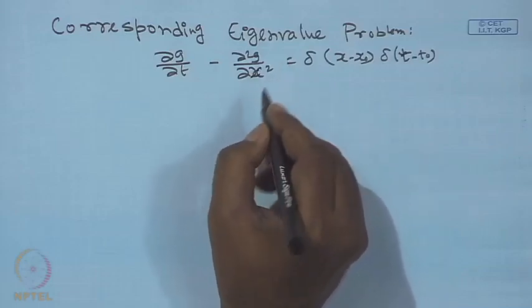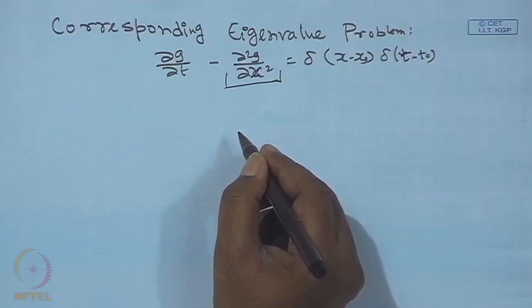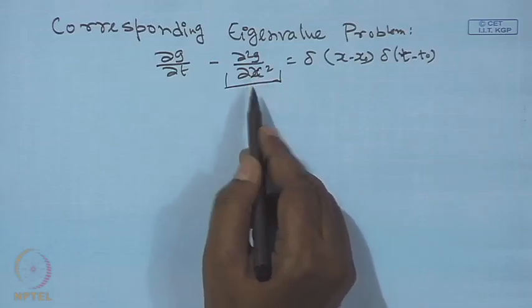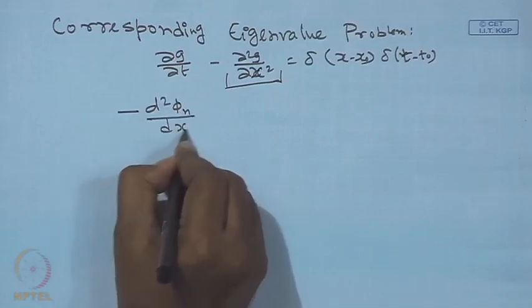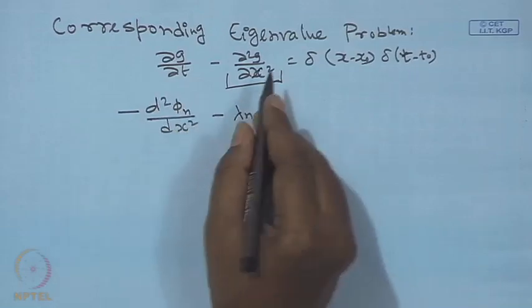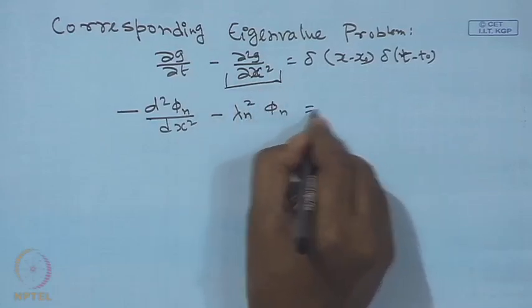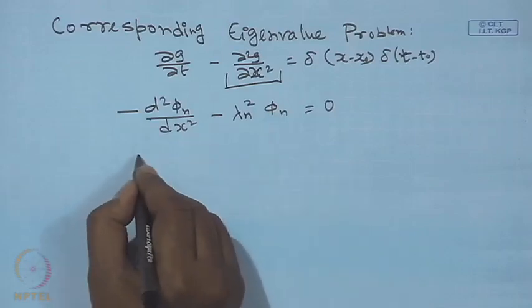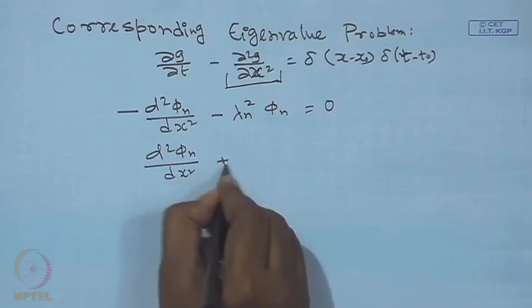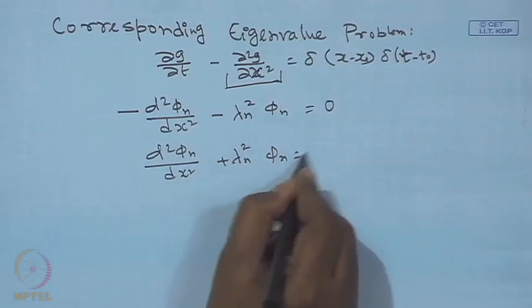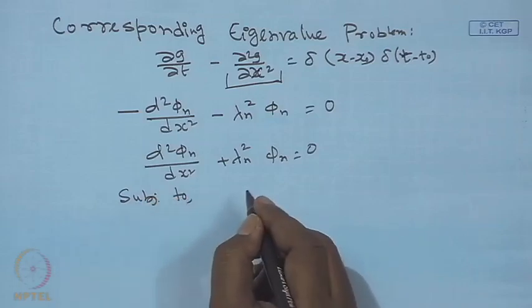The space boundary conditions are two homogeneous conditions. So, the corresponding eigenvalue problem is minus d square phi_n dx square minus lambda_n square phi_n equal to 0, that is, d square phi_n dx square plus lambda_n square phi_n is equal to 0, and the boundary conditions must be satisfied by the boundary conditions of the original problem.